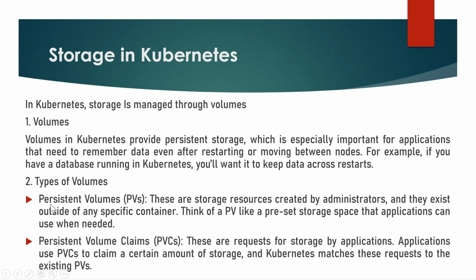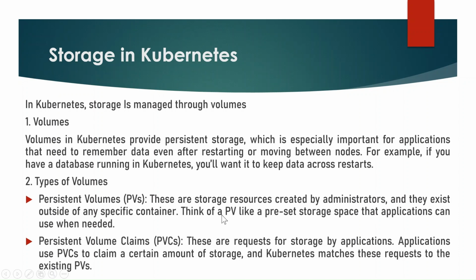The first one is persistent volumes and persistent volume claims. Let's see what a persistent volume is. These are storage resources created by administrators, and they exist outside of any specific container.